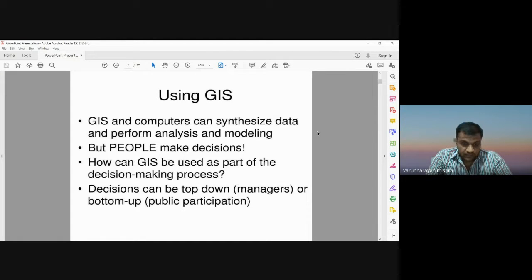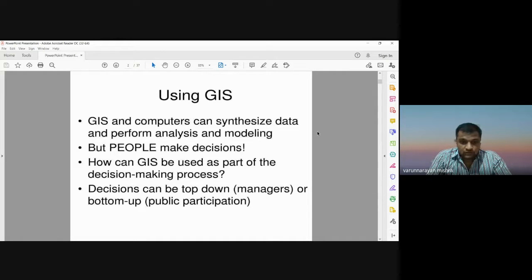Okay, but when we work on the analysis of some data sets, we need to make some decisions. So how will GIS be helpful to make a decision, suppose if we are working on a large data set, on the basis of which we need to work on some decision. So GIS helps us to make any decision. Decisions can be top down or bottom up, meaning it can start from the managerial level or from public participation.